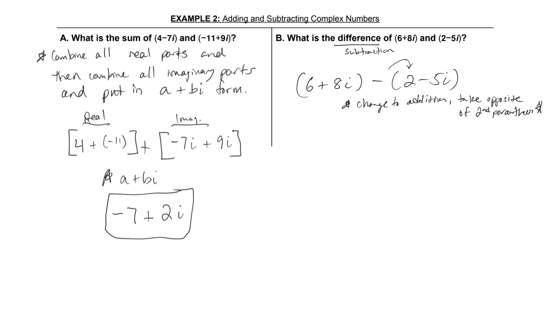Distribute the negative to both of these. And we get 6 plus 8i plus negative 2 plus 5i.